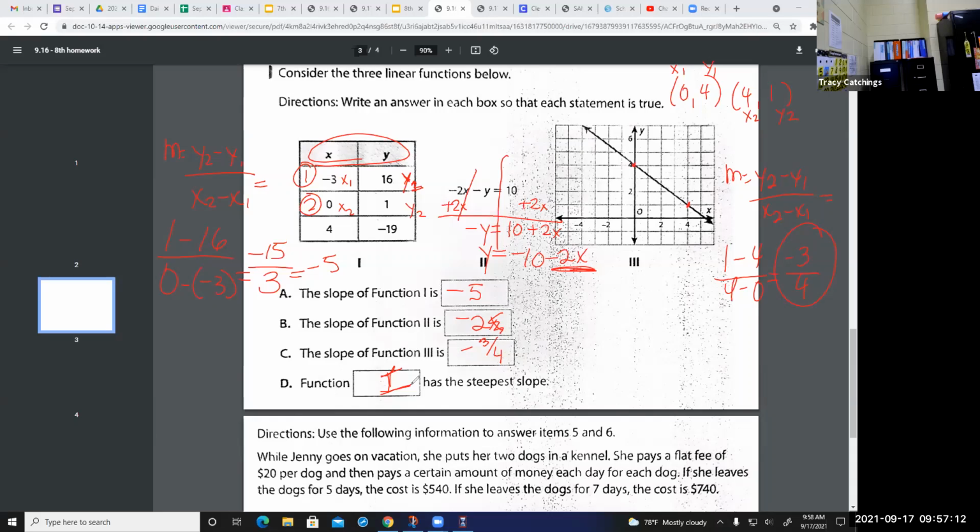Questions about it? Just remember slope, we need 2 points. You can put the Roman numeral or just put the number on. It didn't matter. We good?